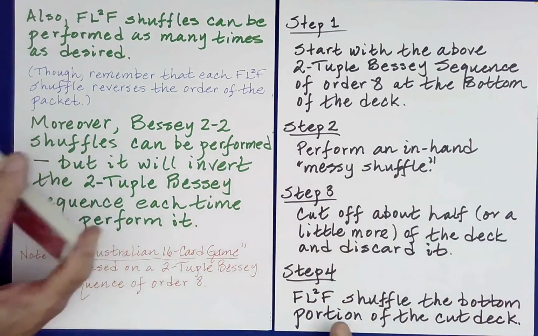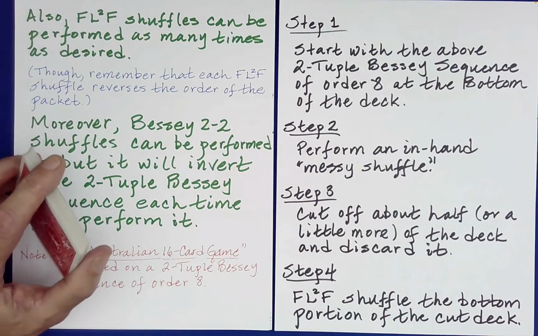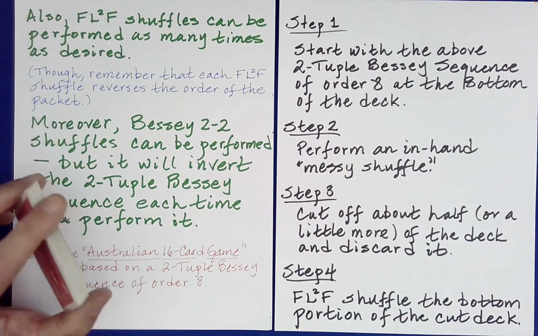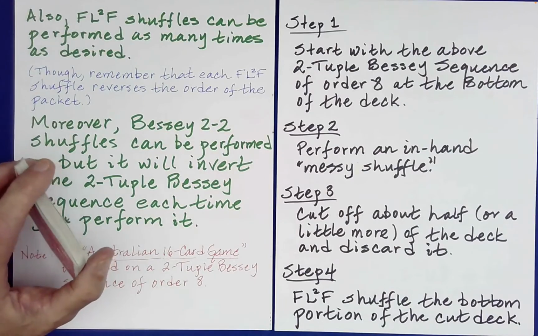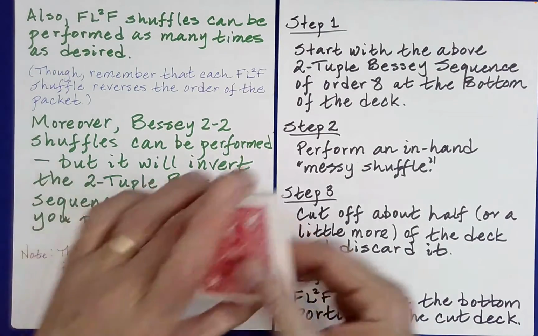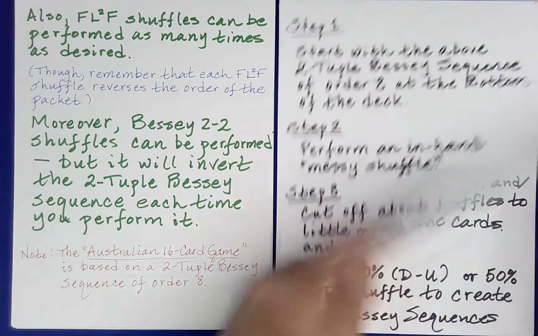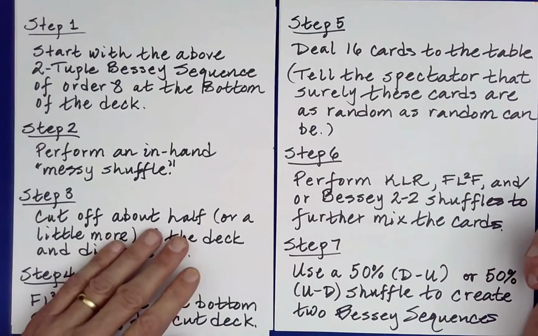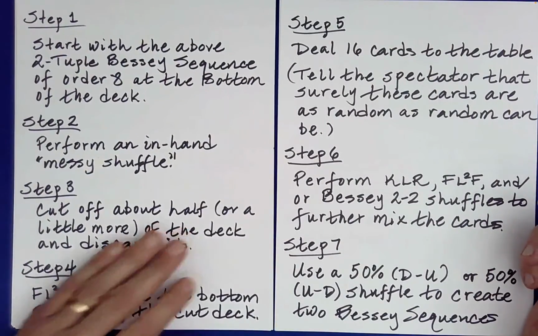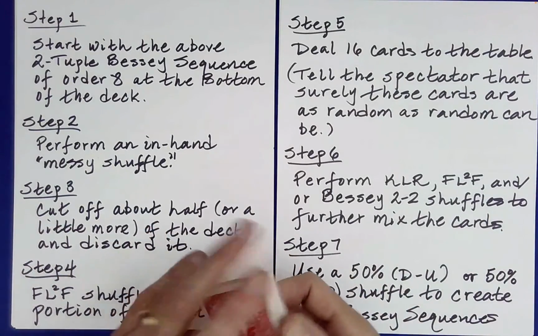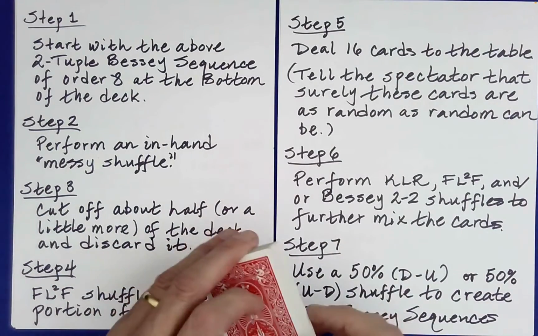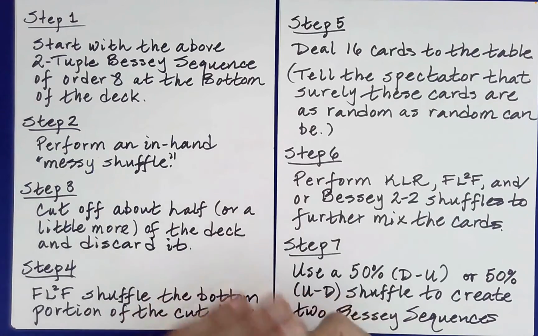Okay, and now we're going to perform a first shall be last and a last shall be first on this bottom portion that we've retained. Think about what that's going to do. This shuffle, first shall be last, last shall be first, is a packet reversal. So the bottom cards get moved to the top, and the top cards get moved to the bottom, okay?